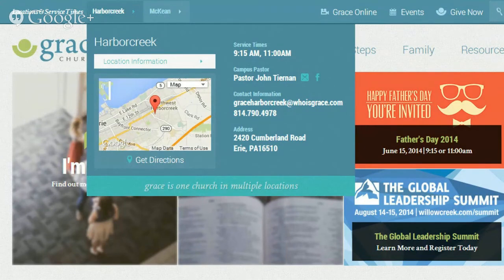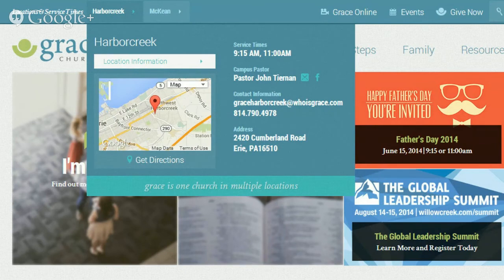So it's a way to have a cohesive single hub for people to go to if you're multi-site, and it displays campus-specific information so that if people want to get into that campus, they can.